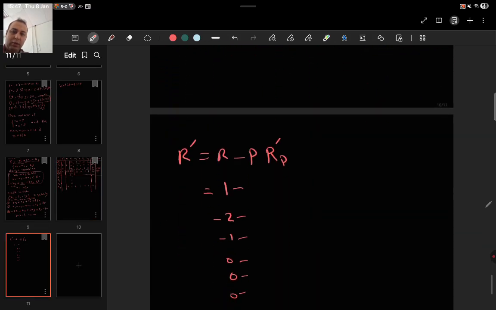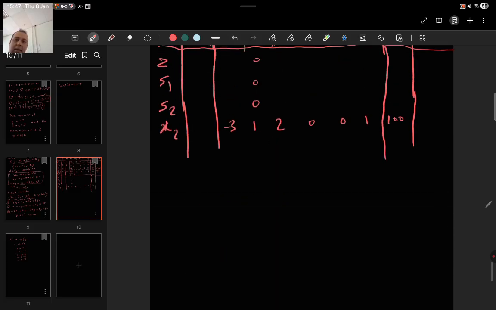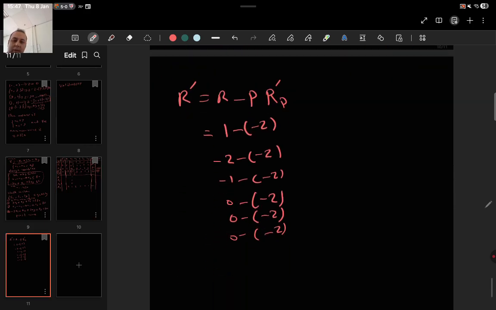Write it down: minus 2 for each entry. The new pivot row we can see here: minus 3, 1, 2, 0, 0, 1, 100.